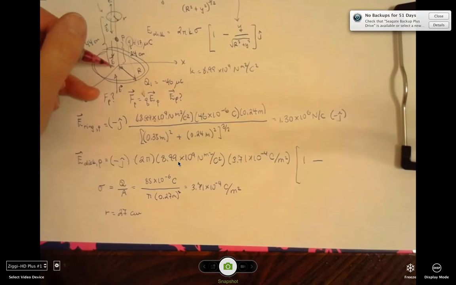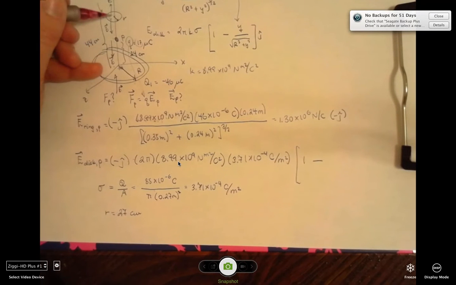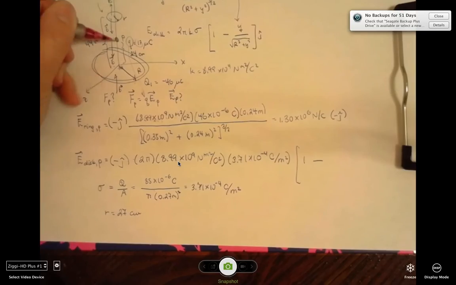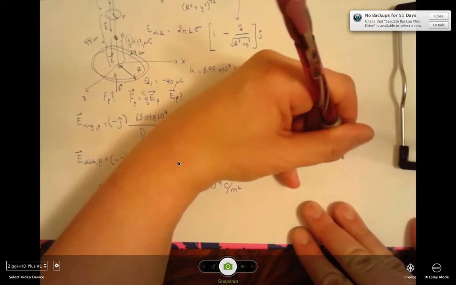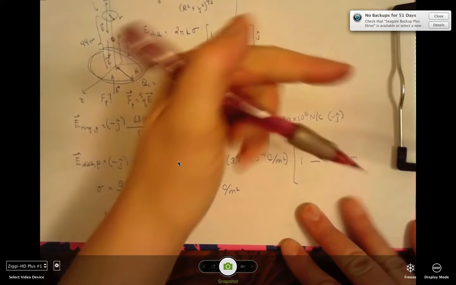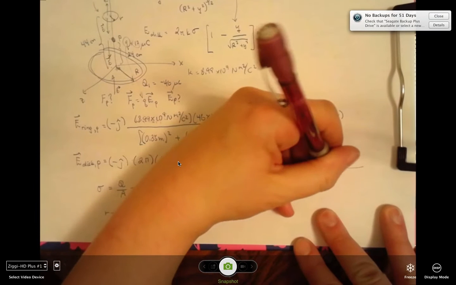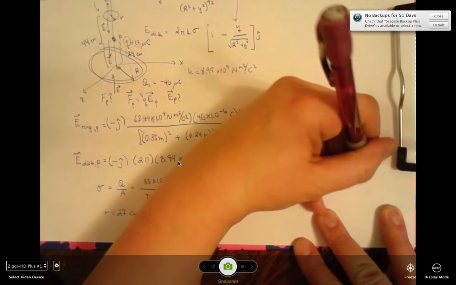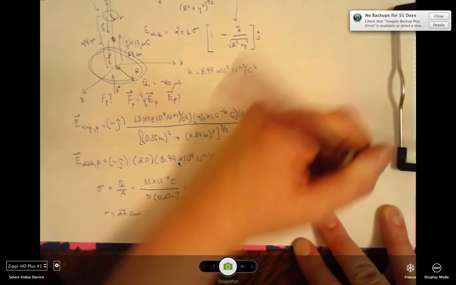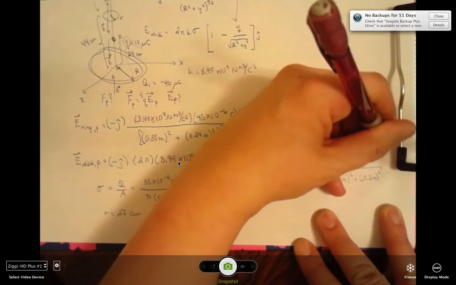Y is the distance between the disk and where you're measuring the field, so it's 44 centimeters minus 24 centimeters, which is 20 centimeters, divided by the square root of the radius, 0.27 meters squared, plus the distance, 0.2 meters squared.